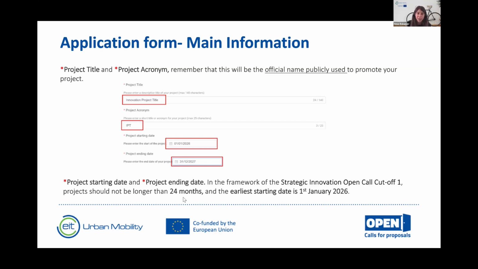Perhaps when you are saving the changes the program doesn't give you an error, but when you try to submit the proposal, you will see that if these dates are not correct, you will have an error. So please take into account that the date cannot be before the 1st of January, and the ending date has to be at most 24 months after the start date.